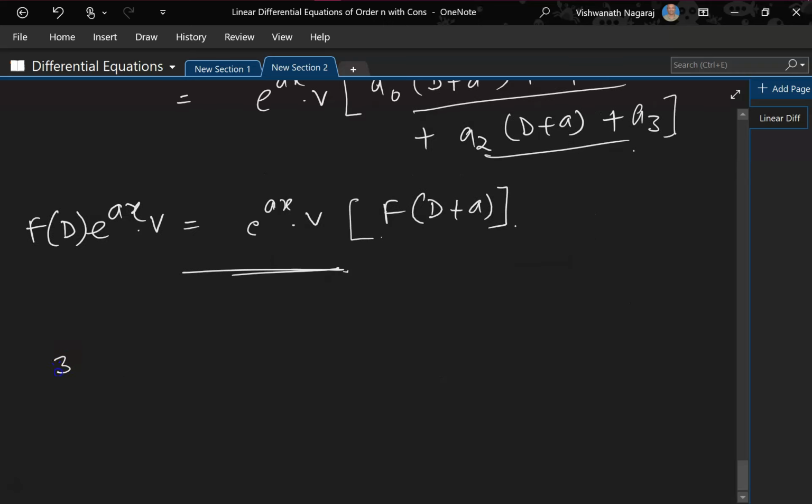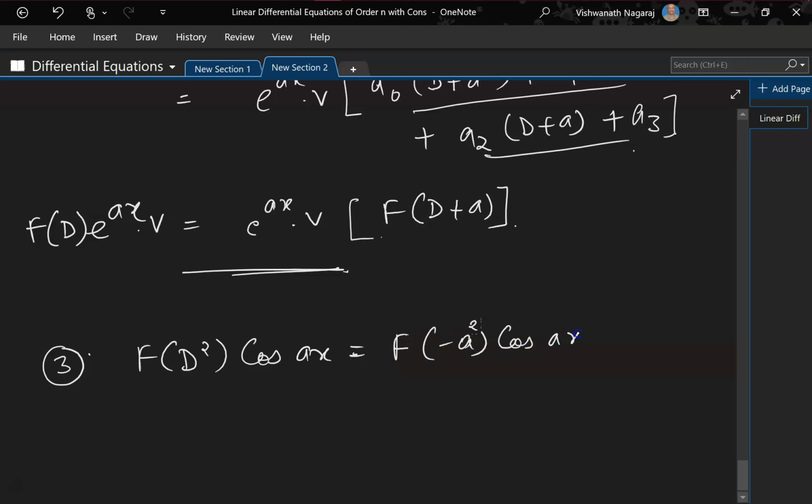Okay, there is one more result that's very useful. Till now we have looked at f of D. Now we are looking at f of D squared cos ax, which is equal to f of minus a squared cos ax.